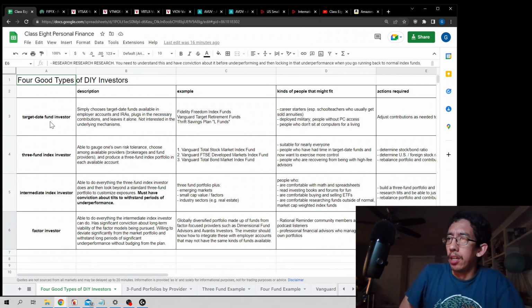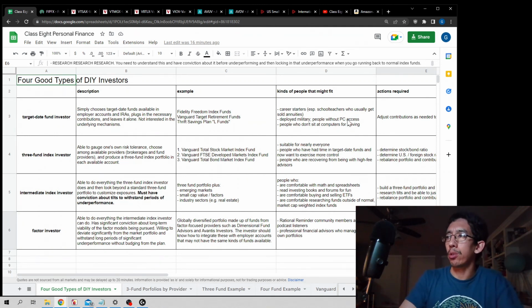If you had started factor investing when that period of underperformance started, then you would have been in serious trouble. You would have sold everything out, and you would have missed out on some normal gains that you would have gotten from that three fund index portfolio, that kind of thing.